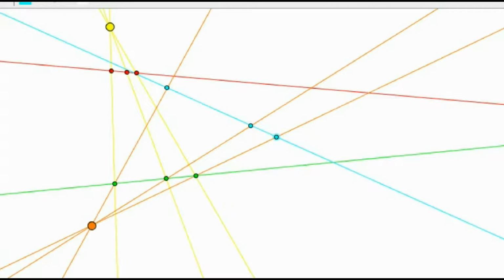And now we can do a second perspective from those green points using this orange center of perspective, and that then maps those green points to those blue points. So there's a sequence of perspectives that sends the red points to the blue points. So there's a projection from the red points to the blue points.